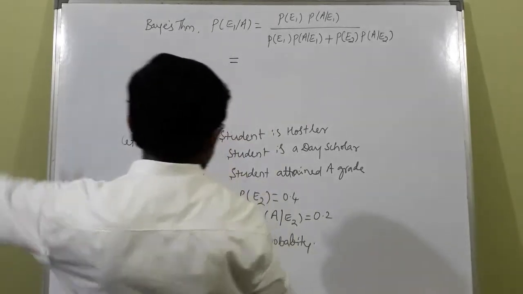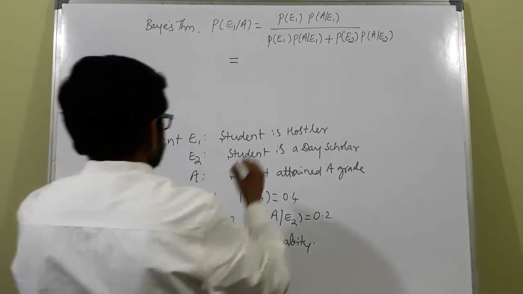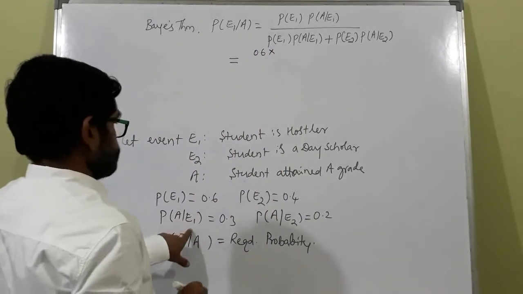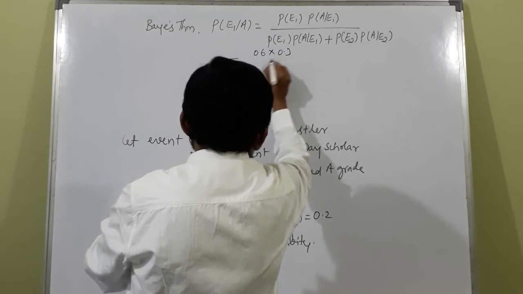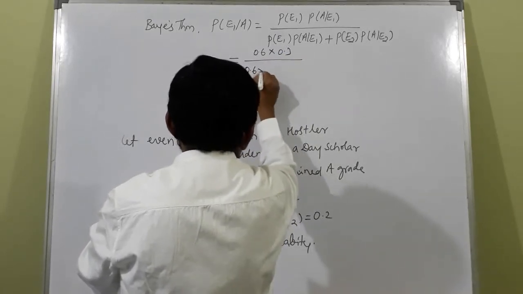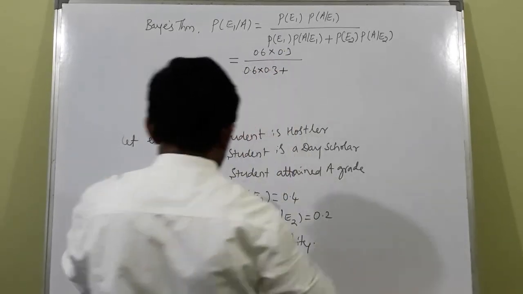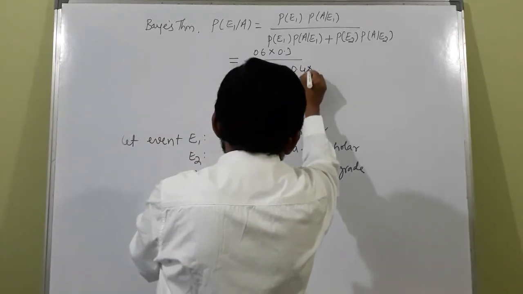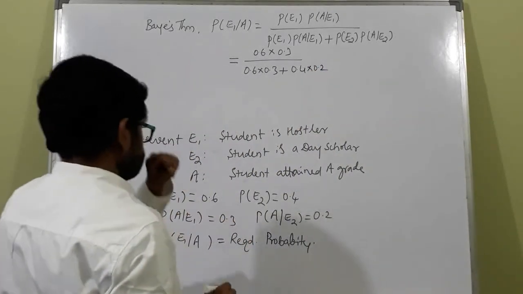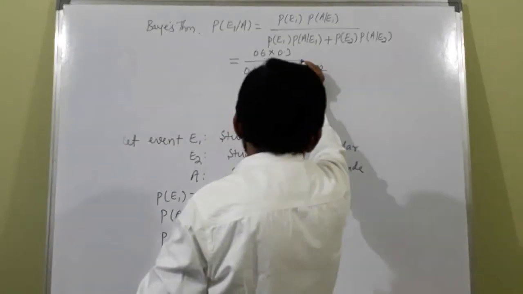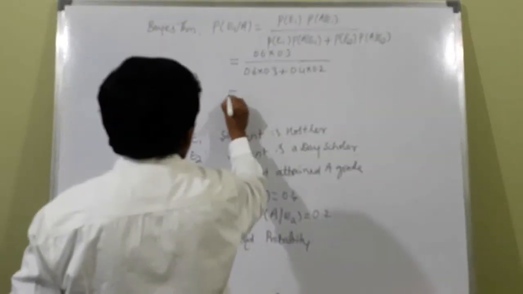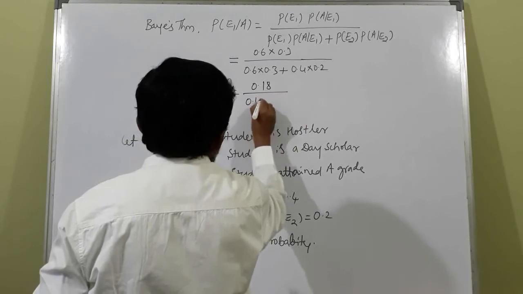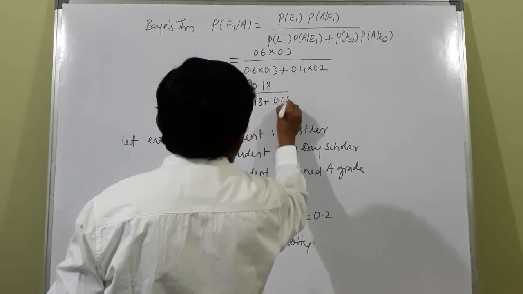So this is probability of E1 is 0.6 into A given E1 0.3, divided by the same plus 0.4 into 0.2, A given E2, that is equal to 0.18 over 0.18 plus 0.08.